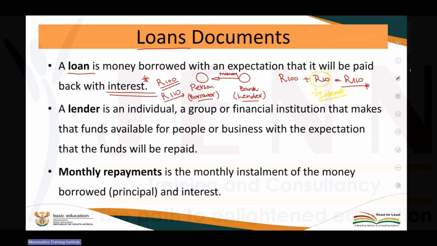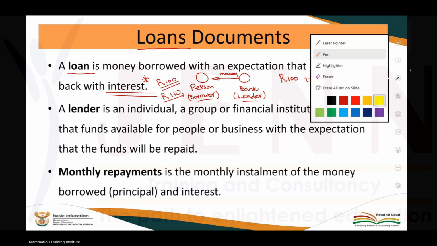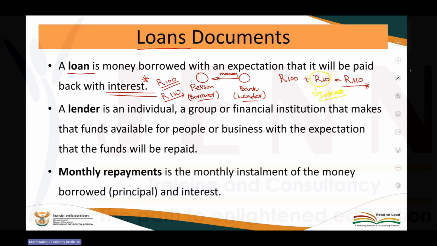But now, in terms of finance or mathematical literacy, we say the interest is 10 rand. How did they arrive at this 10 rand? How much was their interest rate? You must be able to differentiate between the two, the interest and the interest rate.